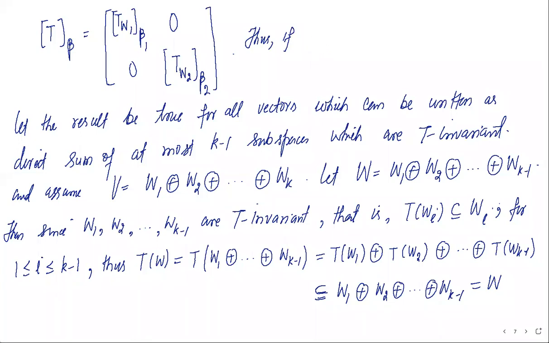So therefore in this case, the characteristic polynomial C of x, which is the characteristic polynomial of T, is equal to C1 of x into C2 of x. So the result holds for k equal to 2.